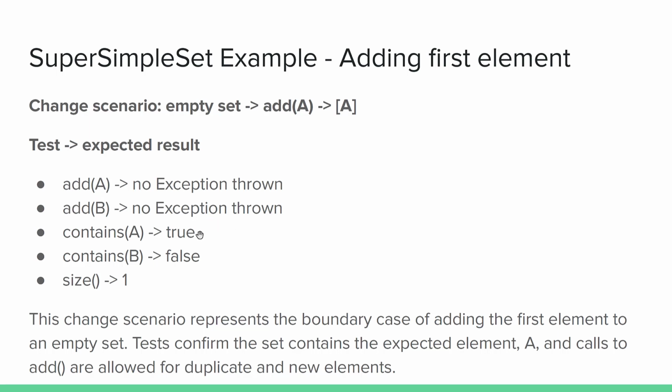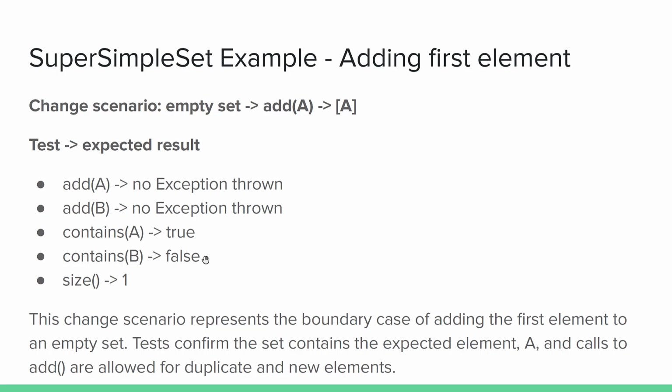Contains A is the first place where I'm actually going to confirm that that original change, adding the A from our previous scenario, actually did work. Because now add A is the change that I'm testing. I'm testing that add A actually successfully got me from an empty set to a set containing A. So contains A is now expected to return true.